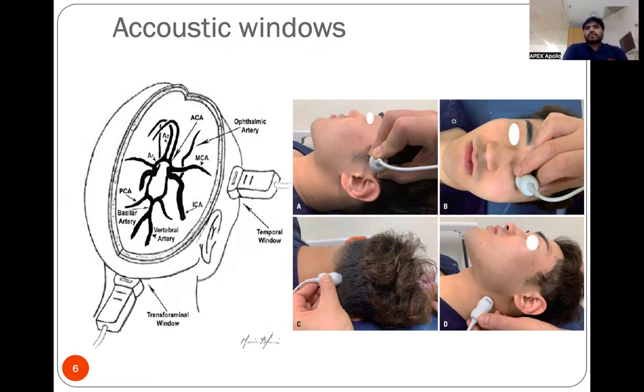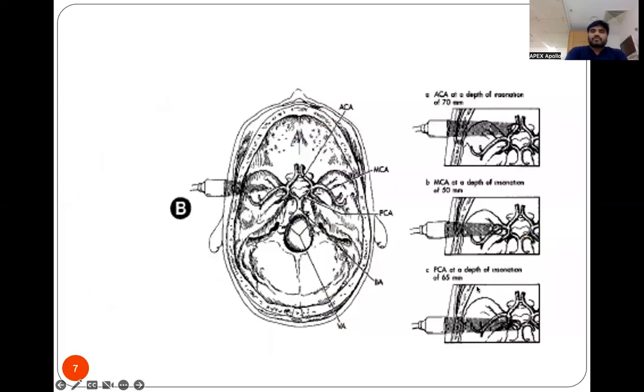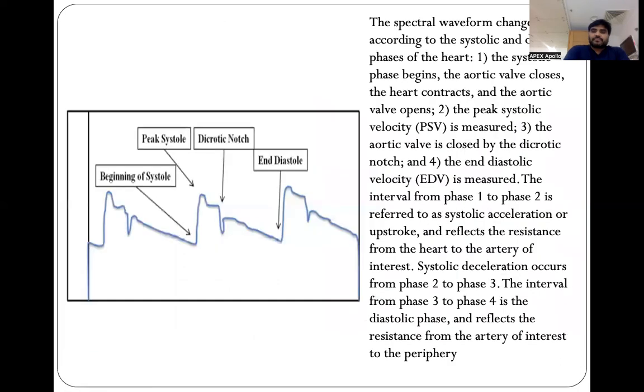In the transorbital, you can see the ophthalmic artery and carotid siphon. Lastly, through the transforaminal window, you can see the extracranial internal carotid artery. ACA can be seen at a depth of 70 mm, MCA at around 50 mm, PCA at a depth of 65 mm.